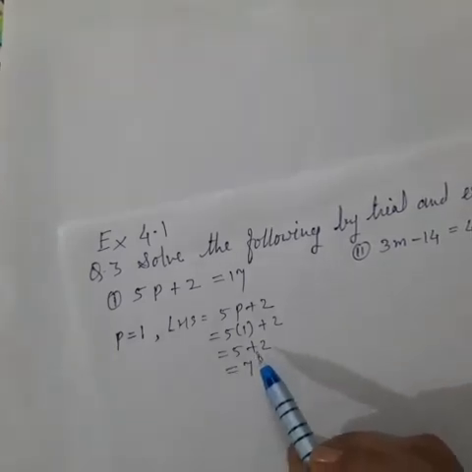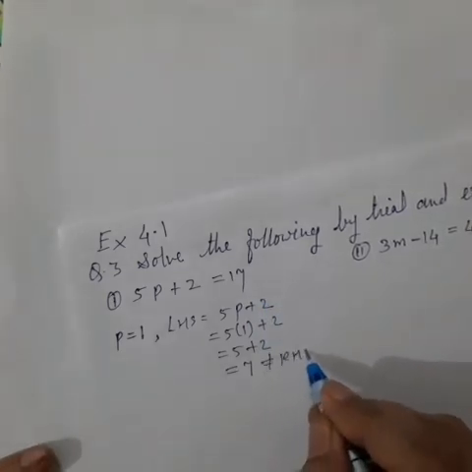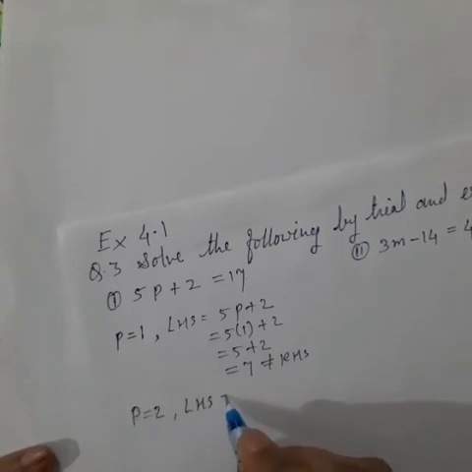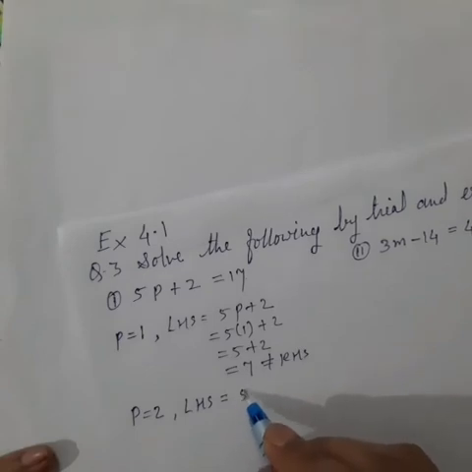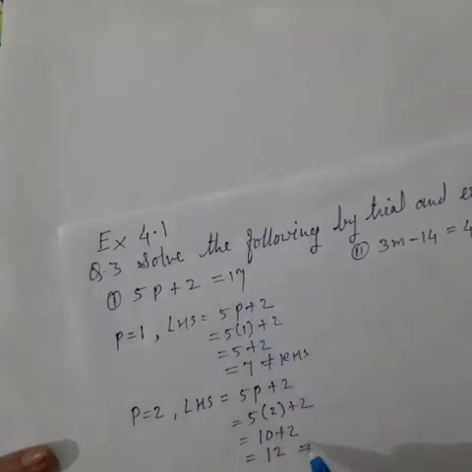But 7 is not our right hand side. It is not equal to our right hand side. We have to choose the other value. p equal to 2. Again find out the answer of left hand side. Our left hand side is 5p plus 2. At the place of p put 2. So 5 2s are 10. 10 plus 2, here we get 12. But again we are not getting our right hand side.